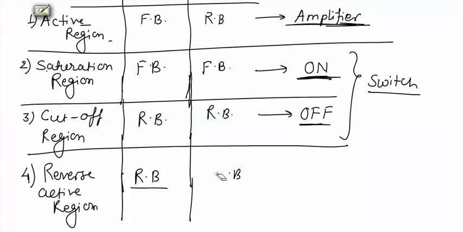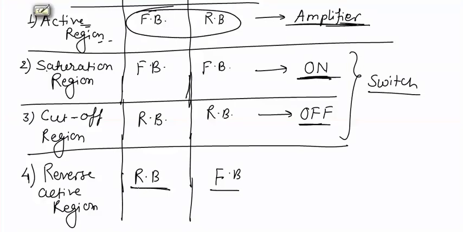If we bias BJT in this particular fashion, we can see that it is just like active region, and we have just reversed the biasing of collector junction and emitter junction.